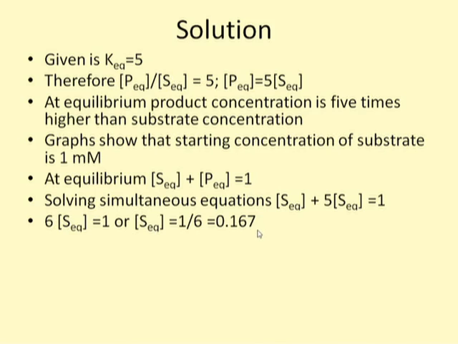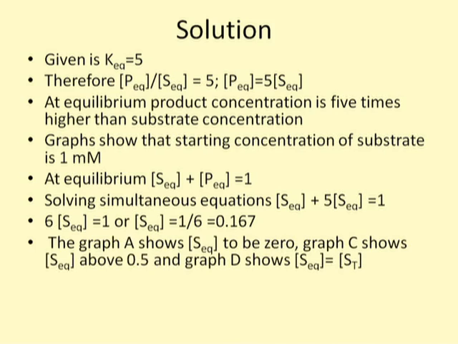What does this value of 0.167 tell us? It means that when the system attains equilibrium, the substrate concentration is going to be 0.167, after which there will be no further change in the substrate concentration.